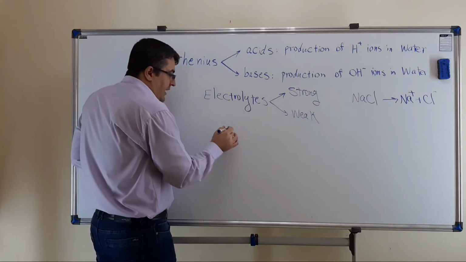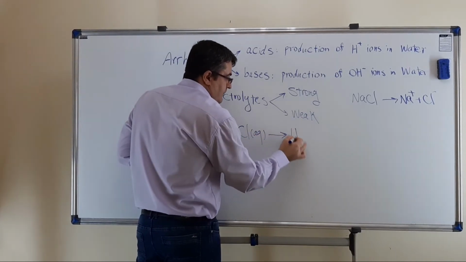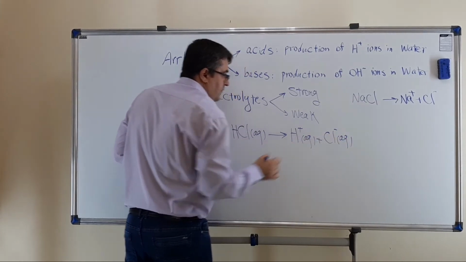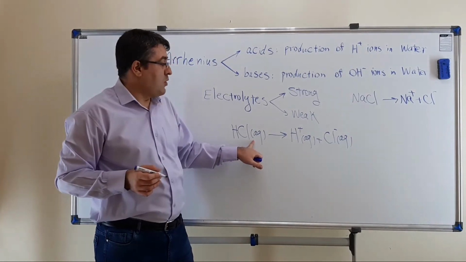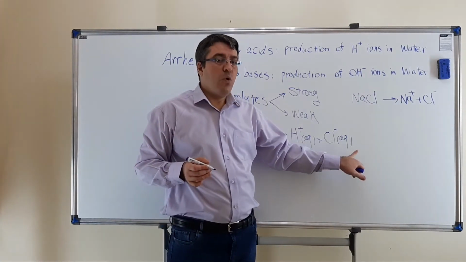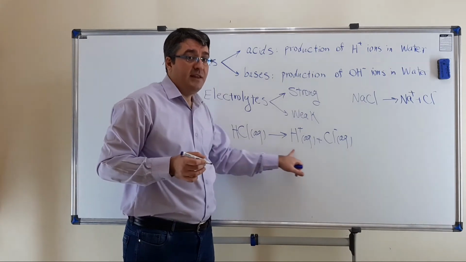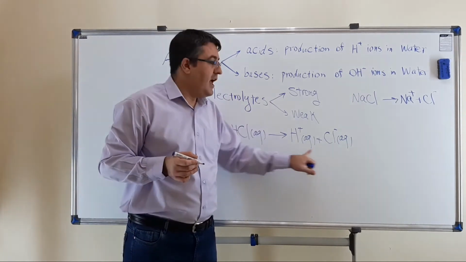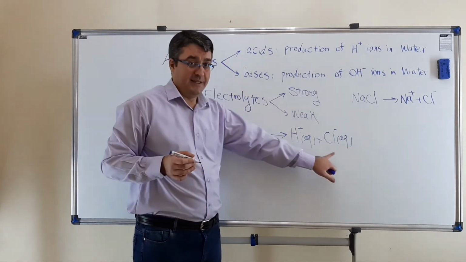For example, in the case of hydrochloric acid, almost all of the HCl molecules dissociate and separate into hydrogen and chloride ions, and almost none of the initial HCl molecules remain in the solution. Therefore, here ionic dissociation is complete, and we consider hydrochloric acid as a strong acid.